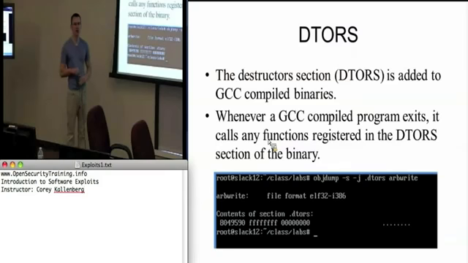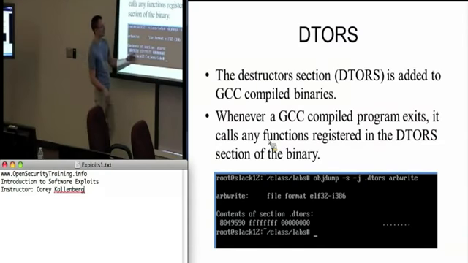So I want you guys to try to overwrite the destructor with the address of your shellcode and get it to execute. And it's not going to work right away. And I want you guys to play with it a little bit and reason about the values here.